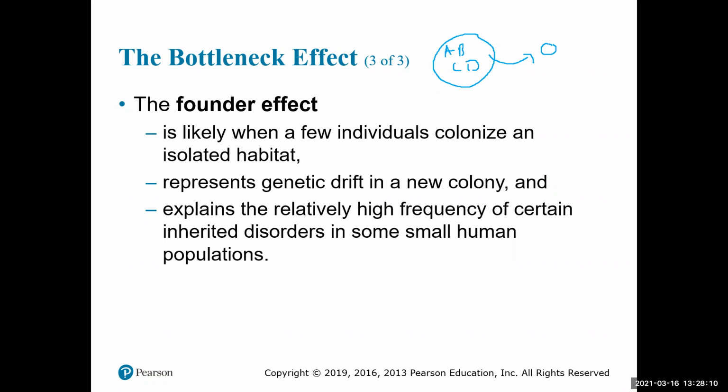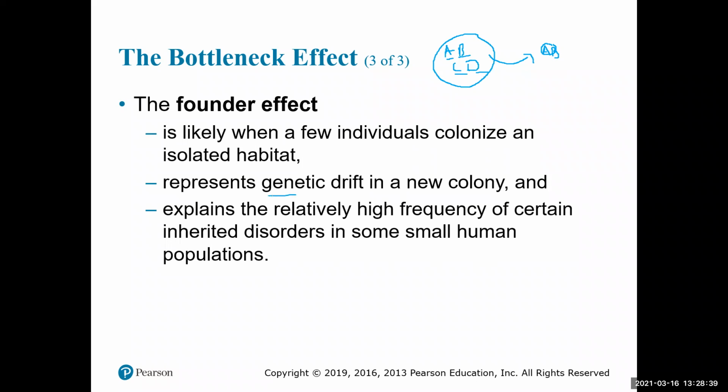Okay. Now, let's say that 3 individuals go off and make a new colony, 4 individuals, and those individuals only have the A and the B allele. So all of a sudden, we've lost the C and the D, and that could also affect the frequencies of A and B, depending on how many A's and how many B's were in those individuals whenever they went and founded that new population.